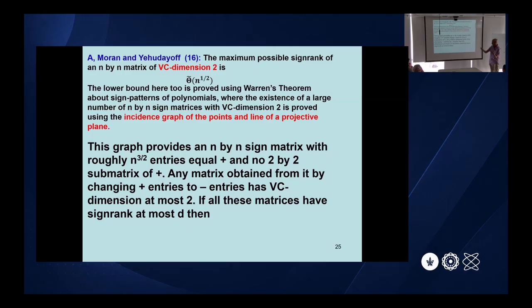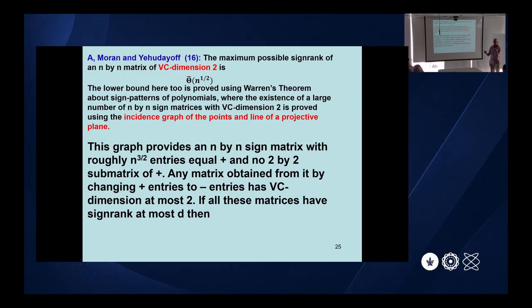Therefore, if you look at any matrix obtained from it by changing pluses to minuses in any way you want, it will still not contain a 2 by 2 submatrix of pluses, and therefore the VC dimension of it cannot be 3.